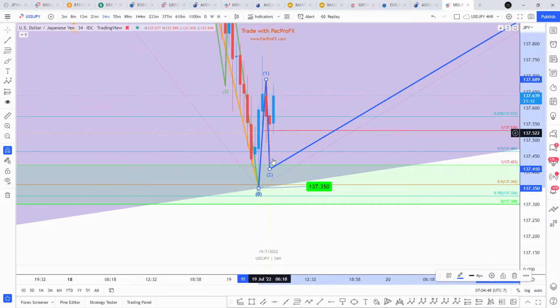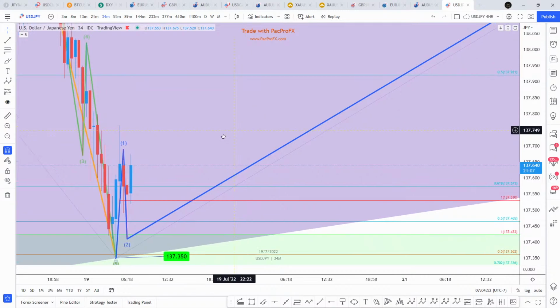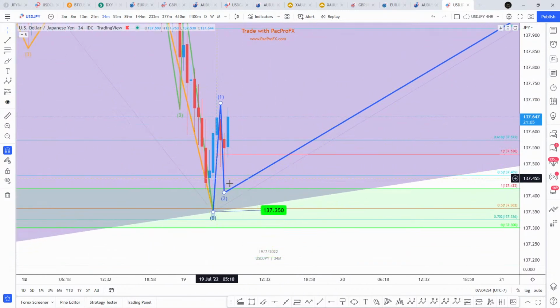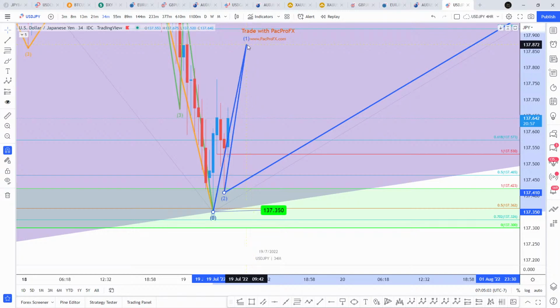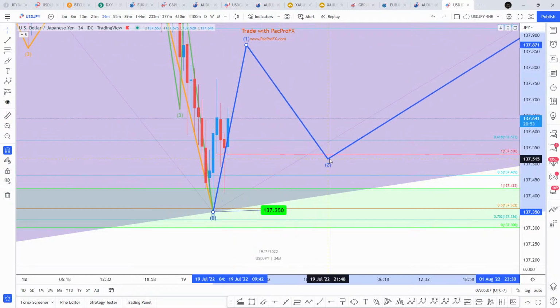Oh, it's a very, very tight 1-2 pattern there. So since this wave is going to be huge, this may be just a wave 1 here, and wave 1 may be here, and wave 2 may end up coming down here.